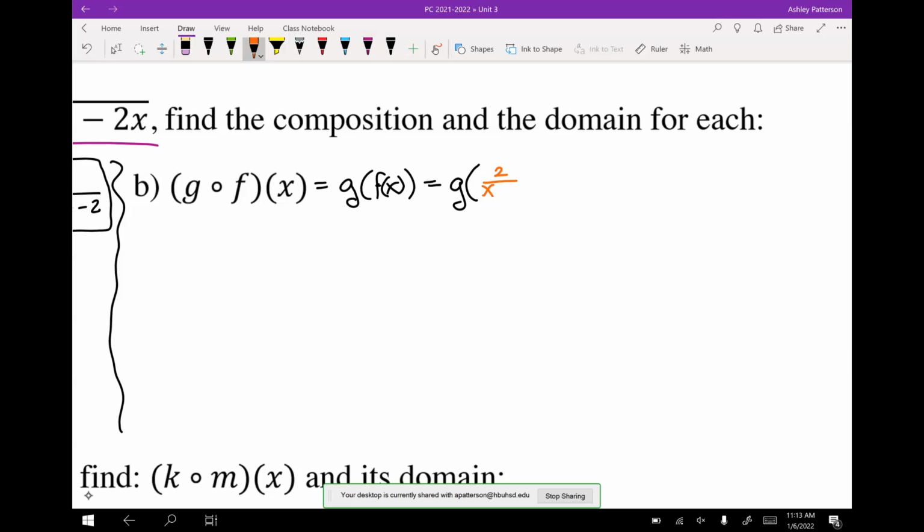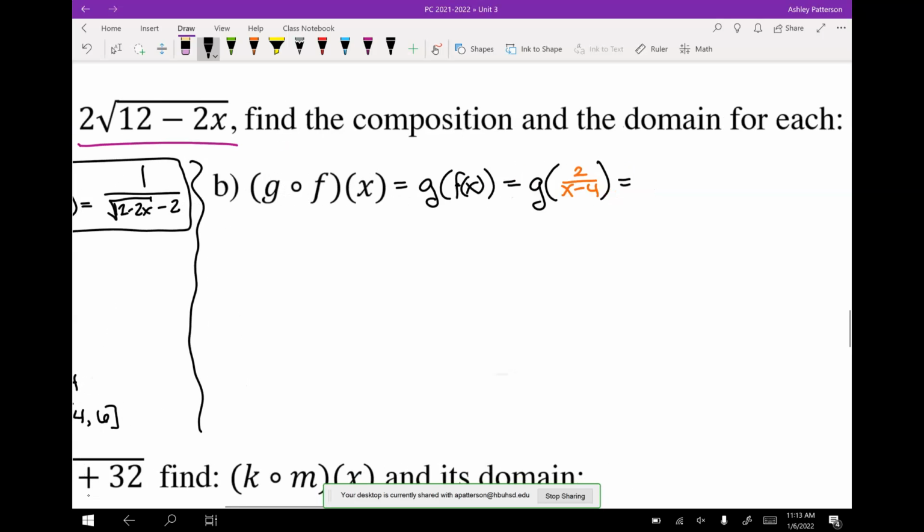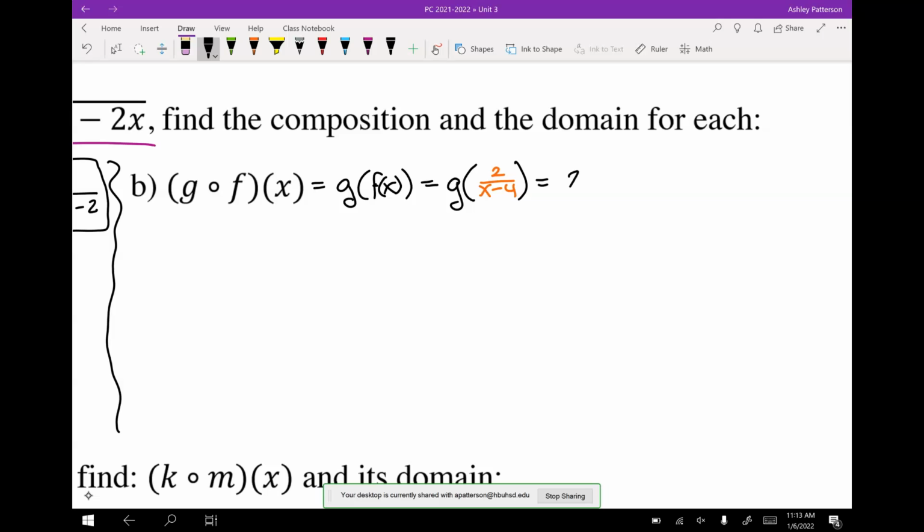So 2 over x minus 4. And then I'm going to substitute it into g of x. That leaves us with 2 times the square root of 12 minus 2 times, and here's where we're substituting in the function f of x, so I'm going to put in 2 over x minus 4.